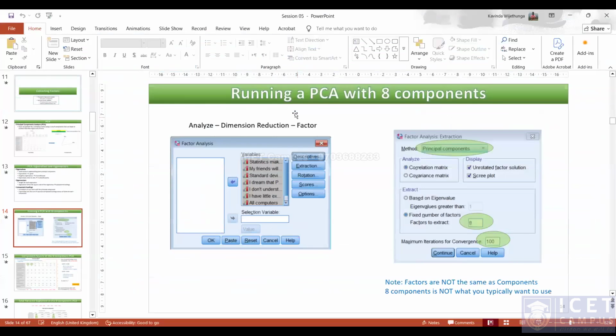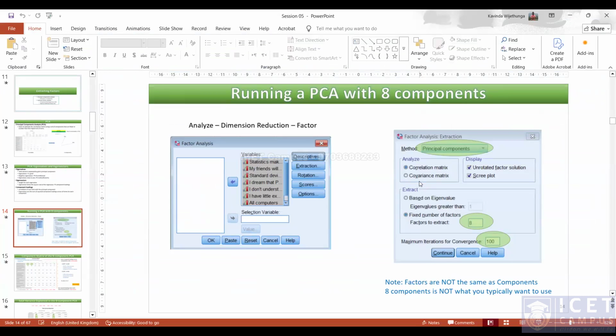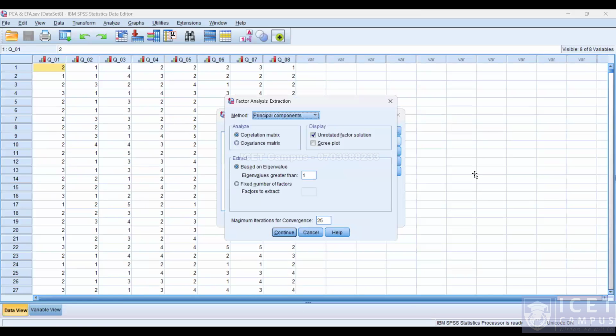For the method, you have to mention principal components and analyze the correlation matrix. That's okay.